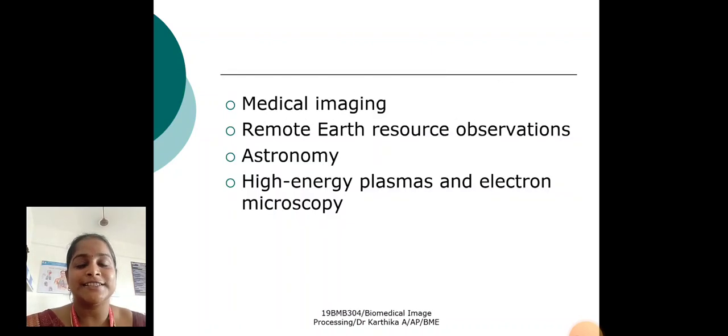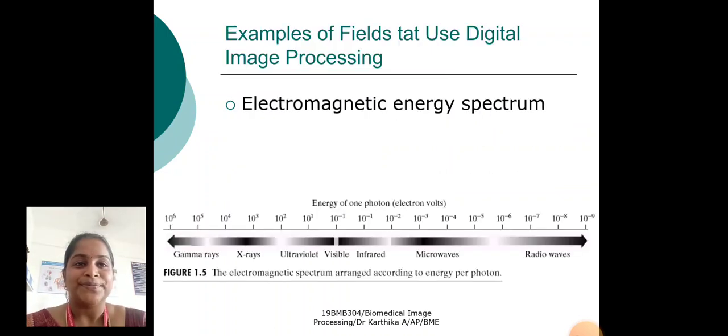And the next one is we are using digital image mainly for medical imaging, remote earth resource observations, astronomy, high energy plasmas and electron microscopy. And here are examples of fields that use digital image processing. This picture indicates the electromagnetic energy spectrum.